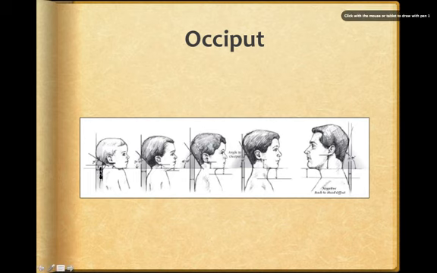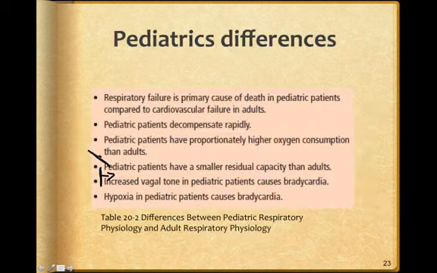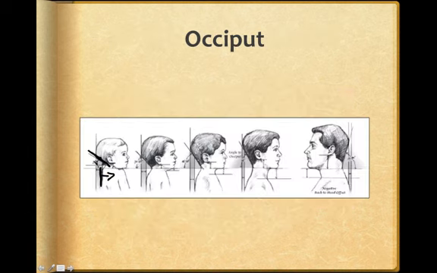If we pad out their shoulders and bring the shoulders up, it corrects this large occipital area. So if you have a child, you should try to get them into a neutral inline position. That may mean that you have to get a towel and place it underneath their shoulders to facilitate an intubation.